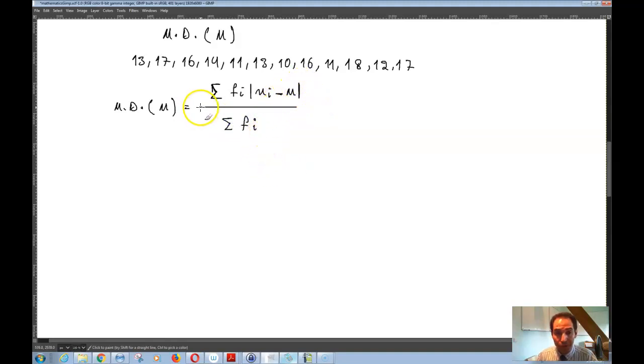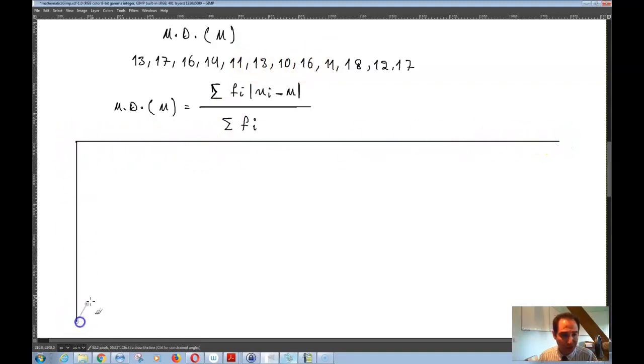So what I need here is basically, first I need to find the median of my data. You can find the median of this data pretty easily by this method, I'll show you what I mean by that.